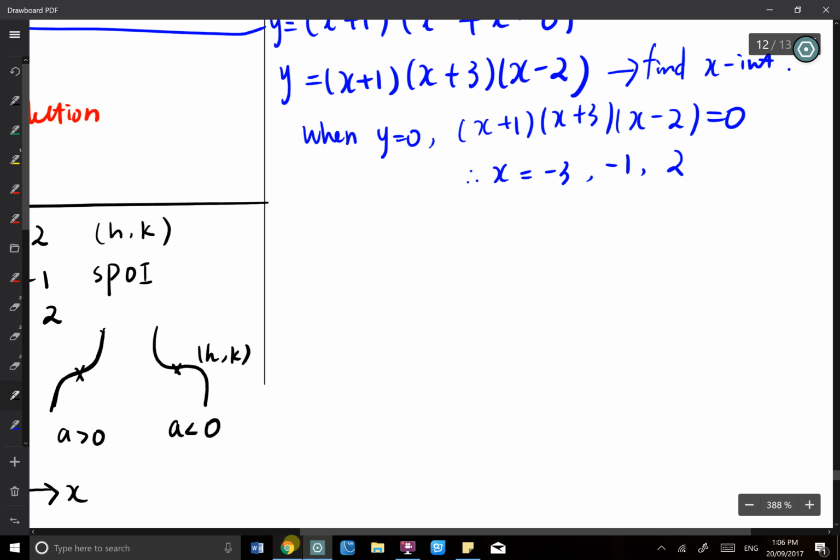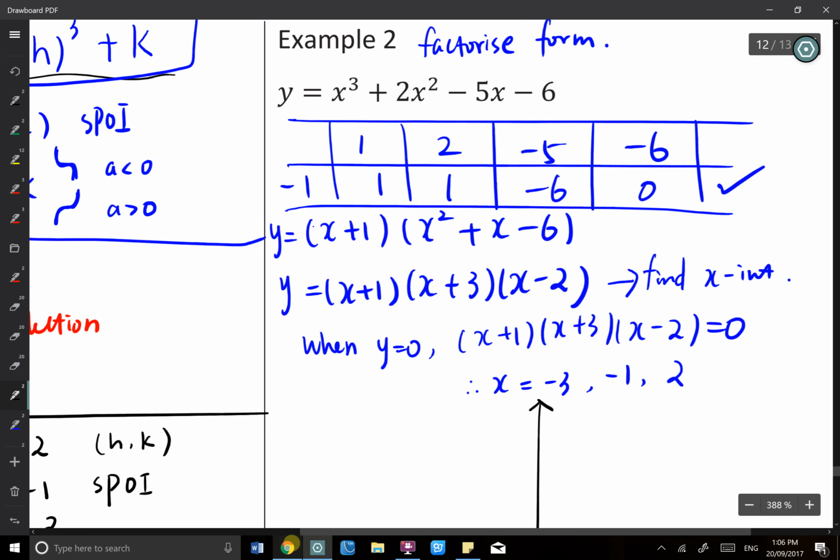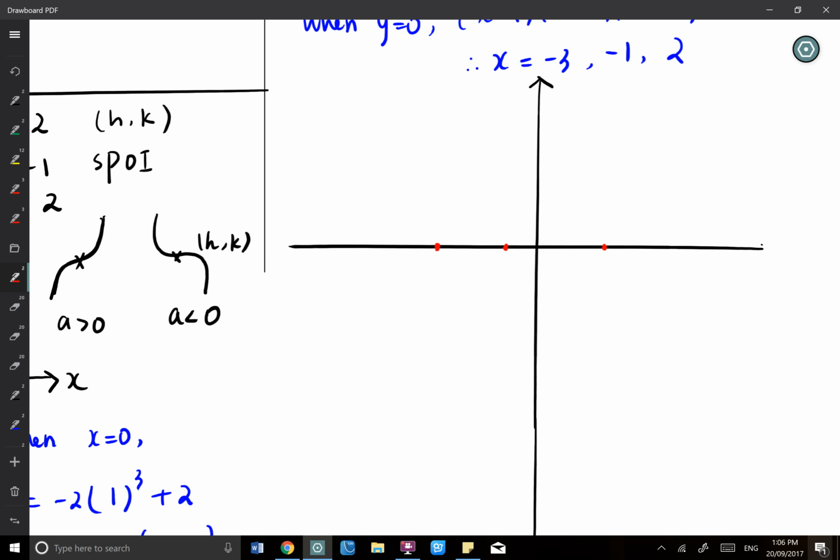So I will sketch that. I'll plot that on this first. Okay, I will plot those points on that. So I'll have -3 here. I have -1 here. And I have 2 here. Those 3 points are the intercepts.